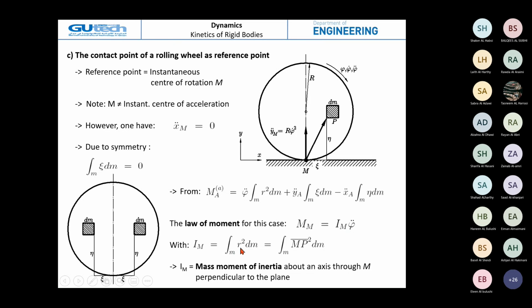Now in this case r will be only the distance between the point M and the point P. We said Im is only the mass moment of inertia about an axis through M, perpendicular to the plane. As we said here also, this term will be equal to 0 and will be neglected, so it will be equal only to the first term.